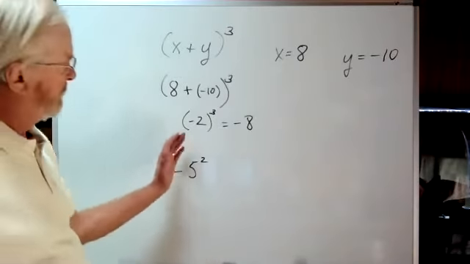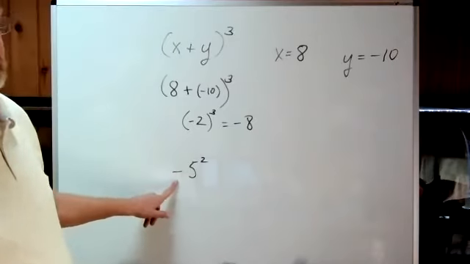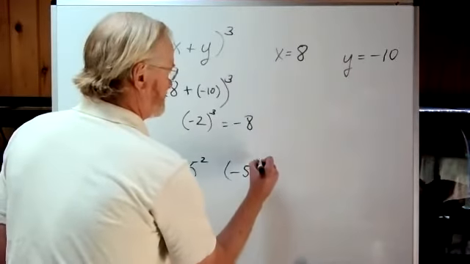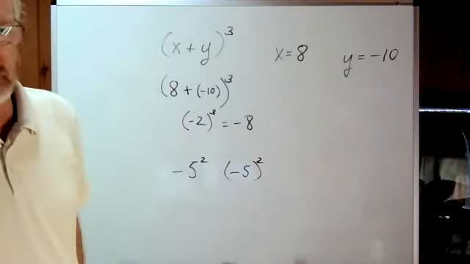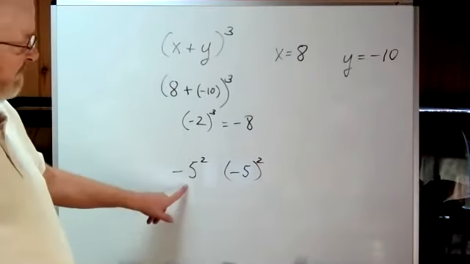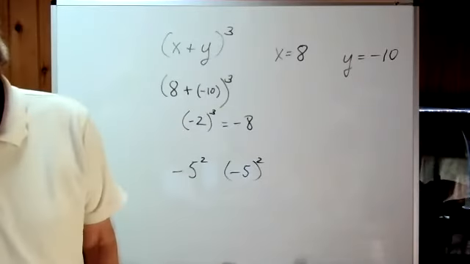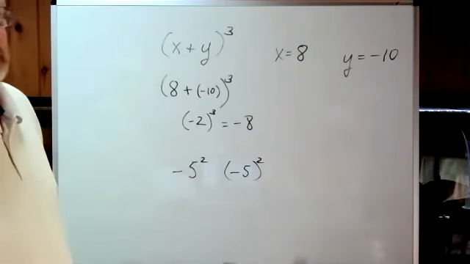That exponent's only affecting the 5, not the parenthesis, not the negative. This exponent, the closest expression, is everything in the parentheses. So the parenthesis is part of the squaring there. Negative 25, positive 25. Kind of the catch problem in this little section.